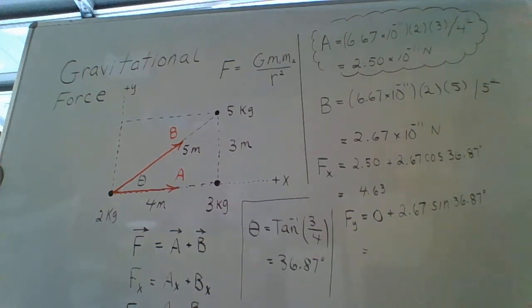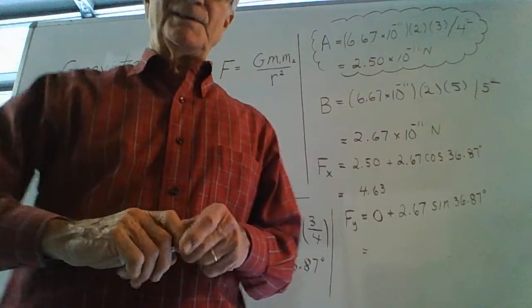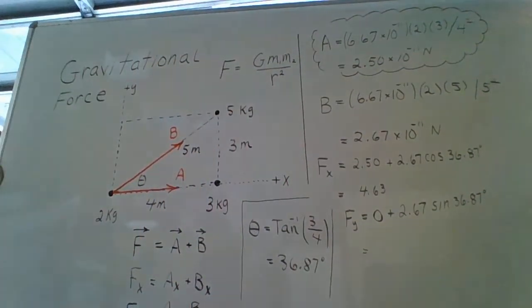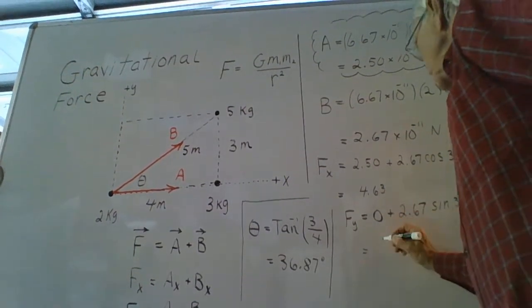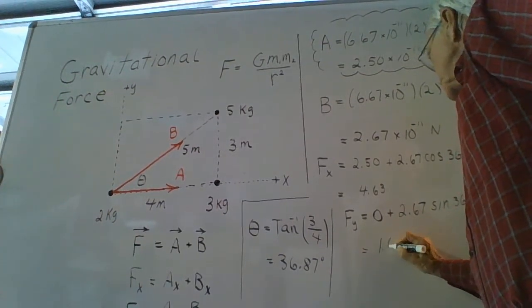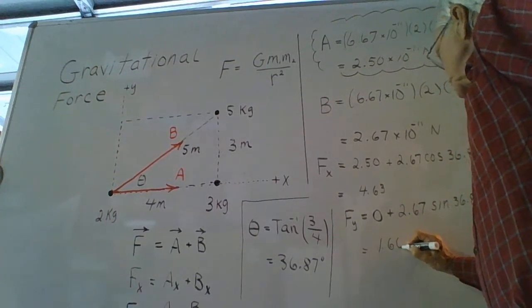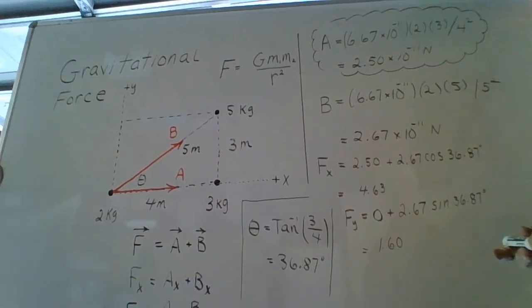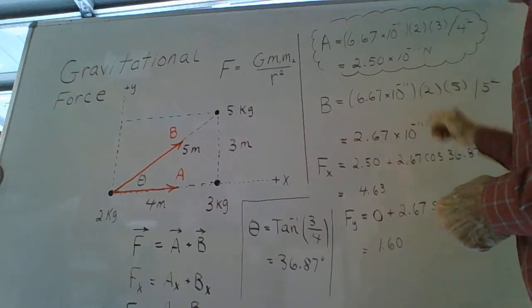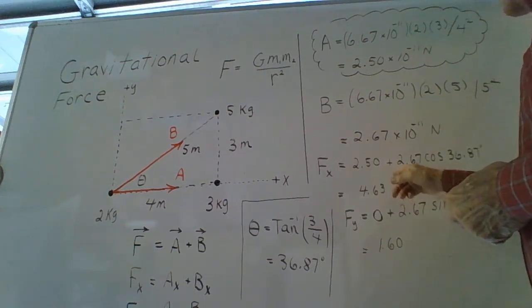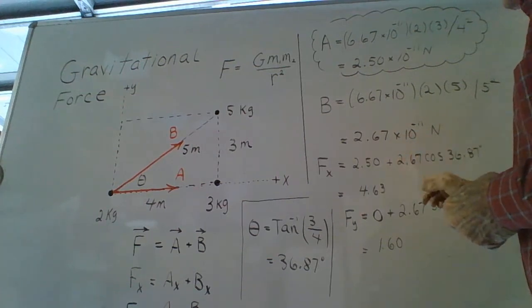And I'll calculate that for you now. I get 1.60. Well, these are each in units of, or multiples of, 10 to the negative 11 newtons.